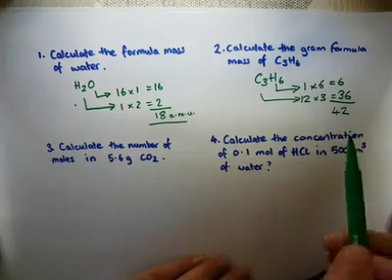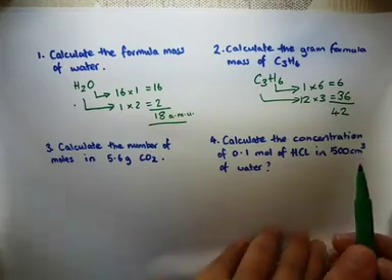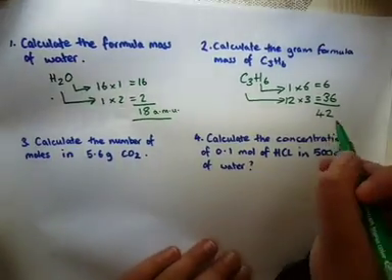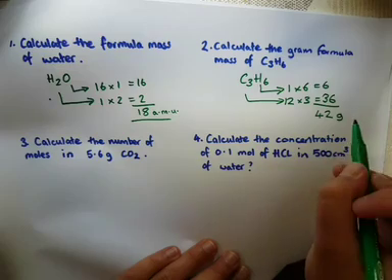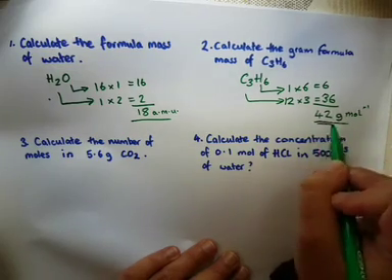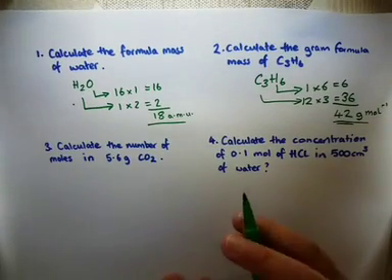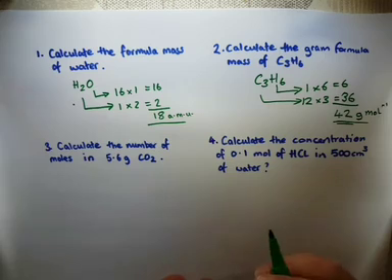Now the gram formula mass is the number of grams in 1 mole of a substance. So I'm going to give the gram formula mass the units of grams per mole. And using these units for gram formula mass will help you to make sense of the units when you actually come to use this quantity in an equation.